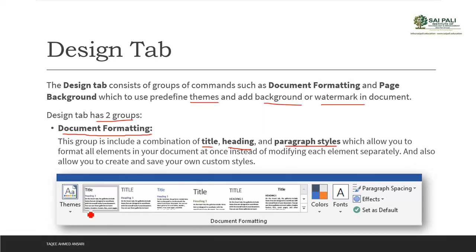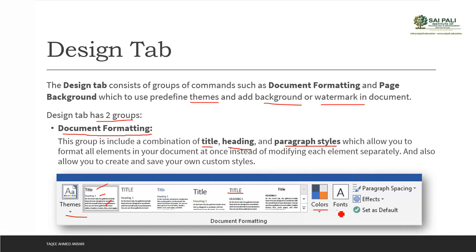In this group we have Themes, which are some predefined themes. Then we have Style Sets, where we can choose different styles of title, heading, subtitle, and paragraph style. You can choose the color theme for the different titles, headings, subtitles, and paragraph text.